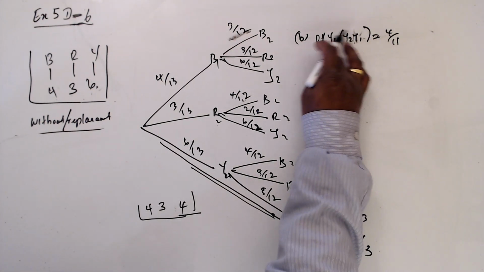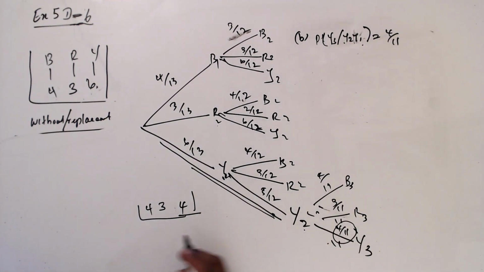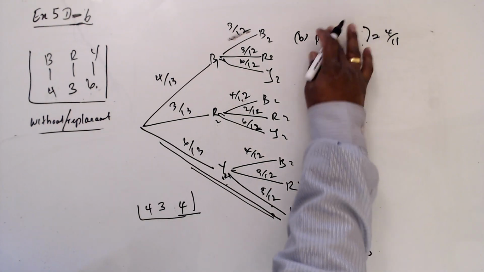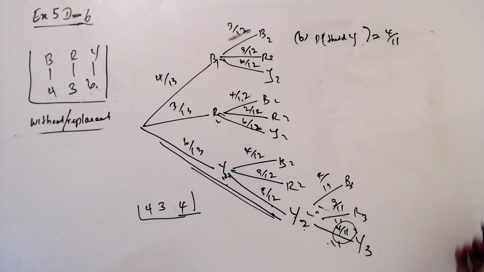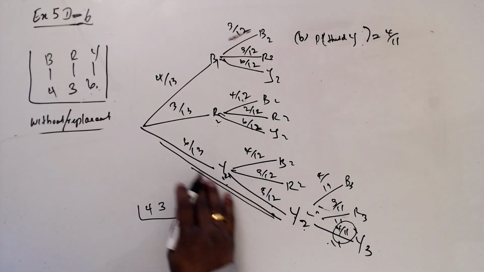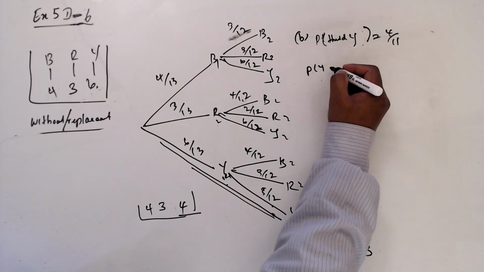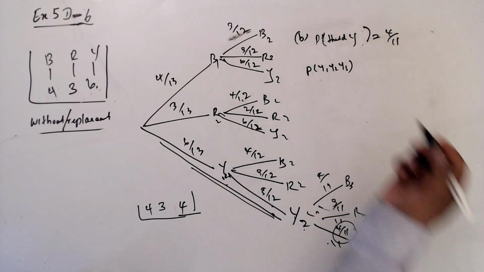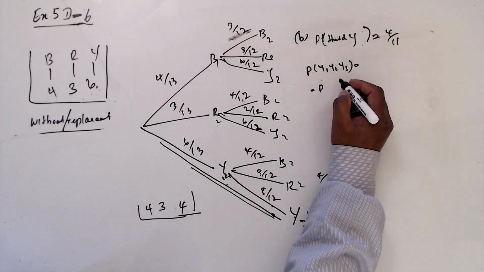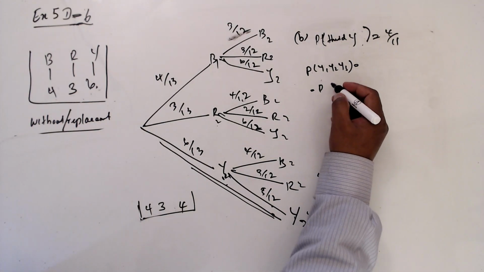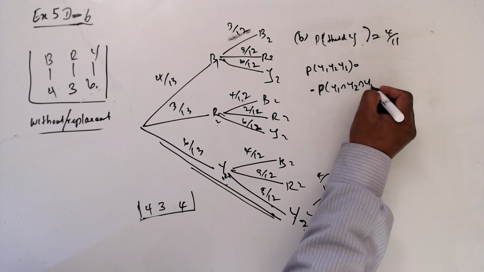I can write it like this: y3 given y2 y1, or simply you can write third yellow. And for your knowledge, the probability of y1 y2 y3 is simple notation. It means probability of y1 intersection y2 intersection y3.